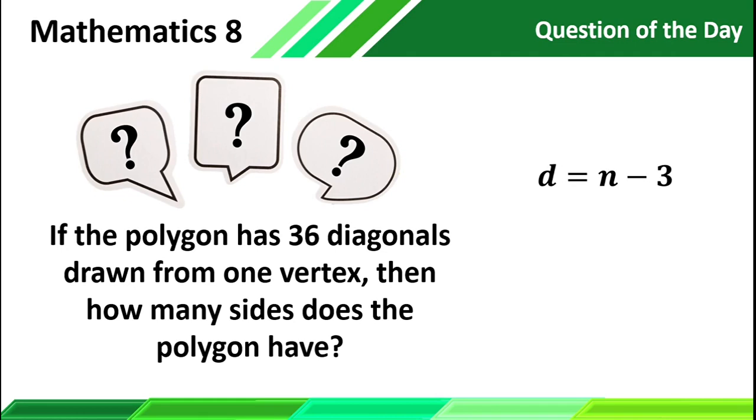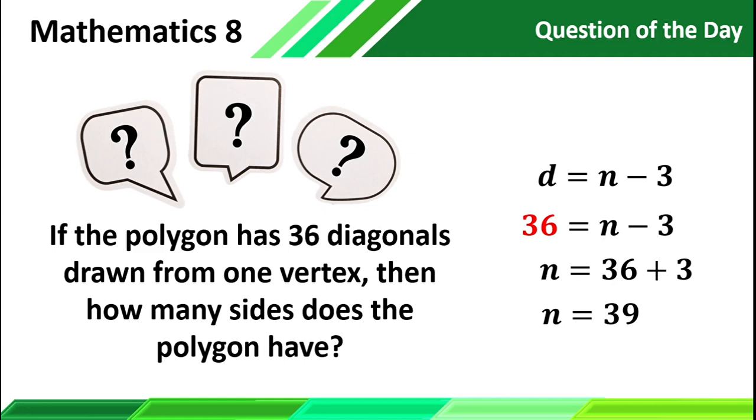We have here a given which is 36 diagonals. So we can substitute 36 for d. So we will have 36 is equal to n minus 3. We are looking for the value of n. So we just simply combine like terms. We will have n equals 36 plus 3, or simply 39. Therefore, the number of sides of a polygon with 36 diagonals is 39.